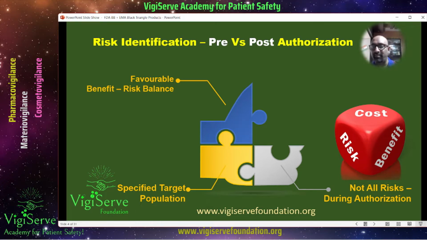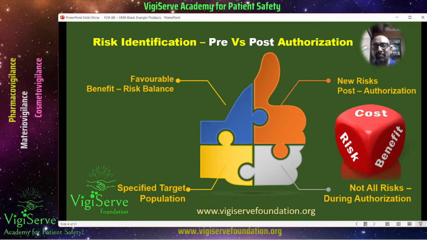That is the way it works. And finally, new risks are identified only in the post authorization phase. So it is very important that you monitor the benefit risk ratio for every medicine, starting from the day you receive the application and even after authorization of the product. This activity is done by both the regulatory agency as well as the pharmaceutical company.